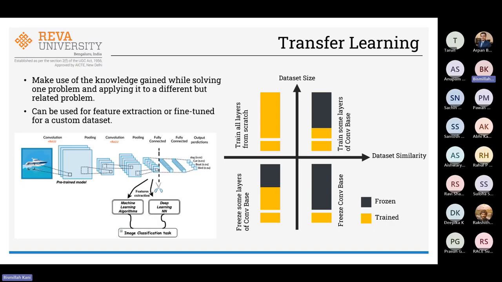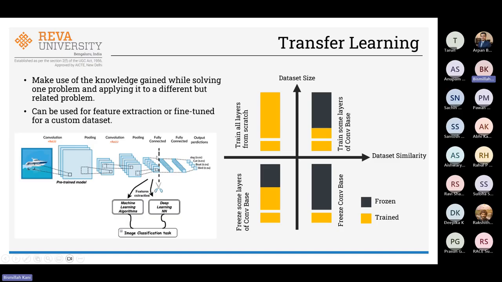But these low level features are common for any domain. In any domain, we need edges information, we need curves information and all those things. So that's why the initial layers will be very useful and can be reused for most domains. Only the final layers will not be relevant. They will be completely different. That's why we slice the final layer and add new layers and we train only the final layers.